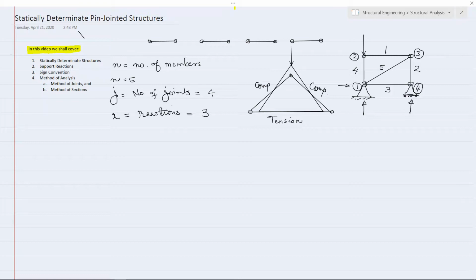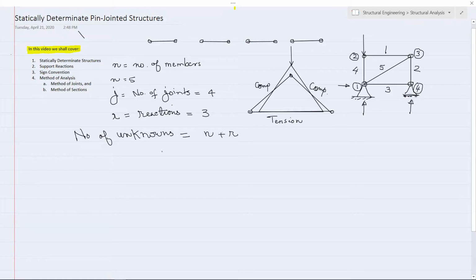Every member will have only one force, either compression or tension. And the number of reactions is r. So we can say that the number of unknowns is n plus r.